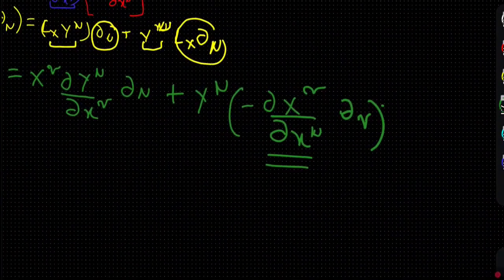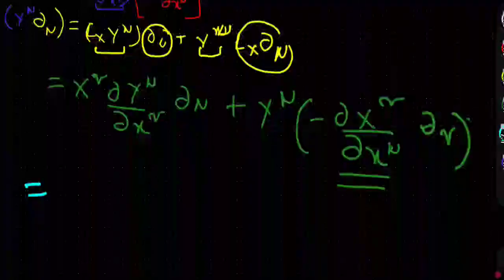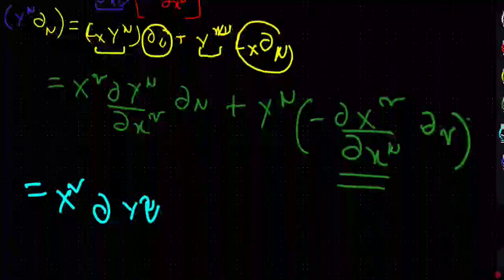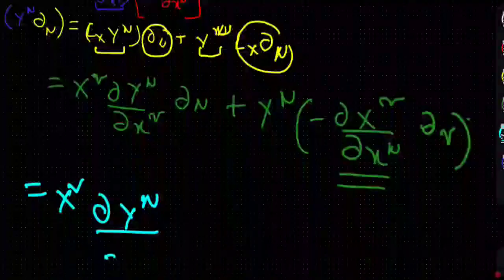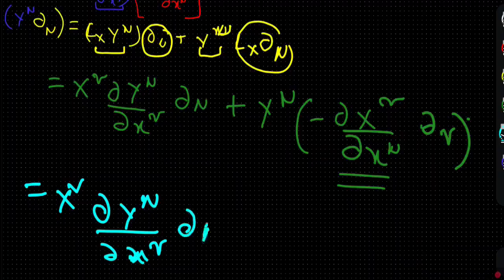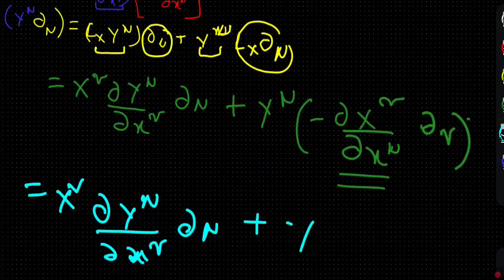Okay, so now let me write it in a clearer way. This is equal to x^nu, nu is more like a v, okay, you have to understand, and del y^mu divided by del x^nu, del mu, plus y^mu, here it should be a negative sign.